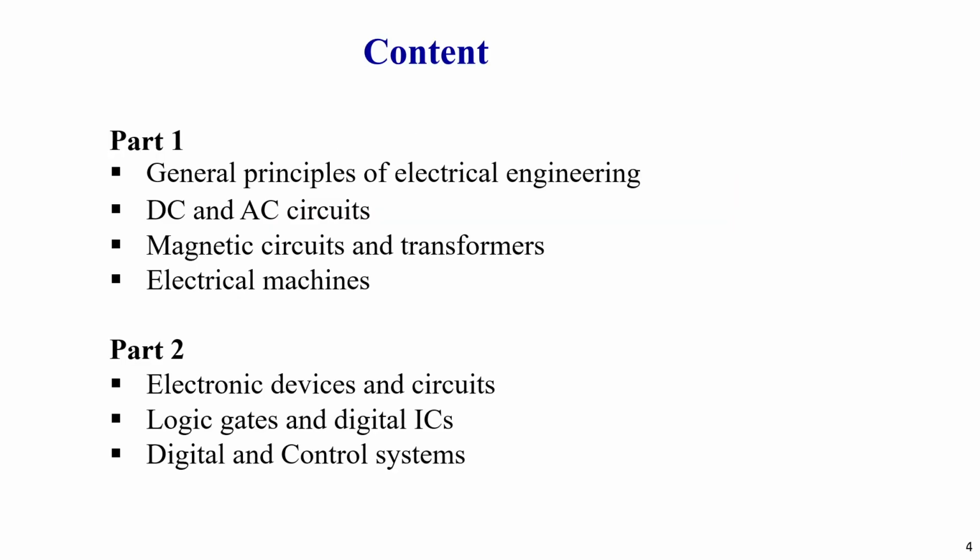So I separated it into two parts, right? Electrical engineering: DC and AC circuit, magnetic circuit, electric machine. First I will skip this part, because there is no laboratory for you. If you go to the laboratory, you will do AC and DC circuits and electronic devices.